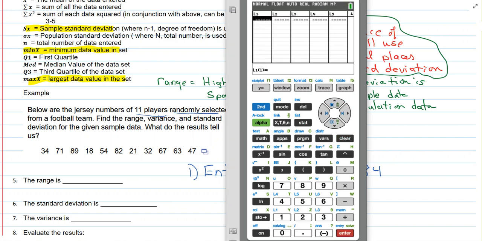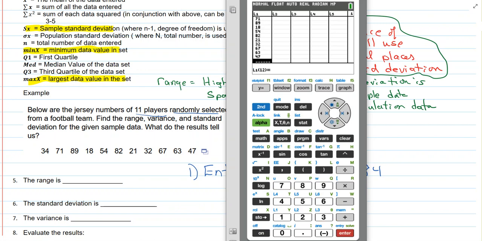We have 11 data, so the next clear one is going to be 12. So we're going to do 34, 71, 89, 18, 54, 80, 21, 32, 67, 63, and 47.